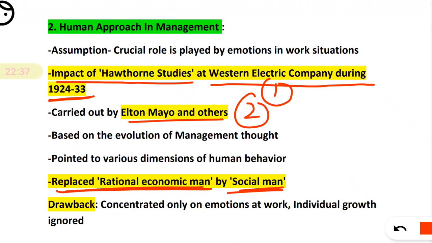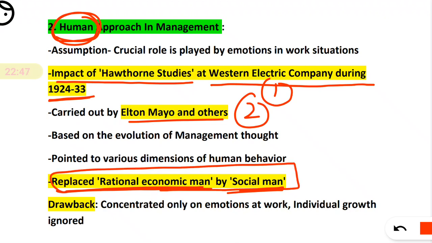Social means here it is a human approach, because the more focus is on humans and their emotions in the work. So here the rational economic man was replaced by the social man. That third thing you have to remember.